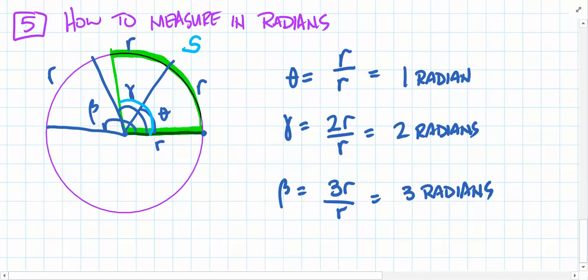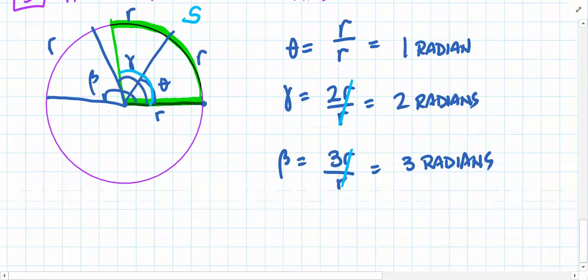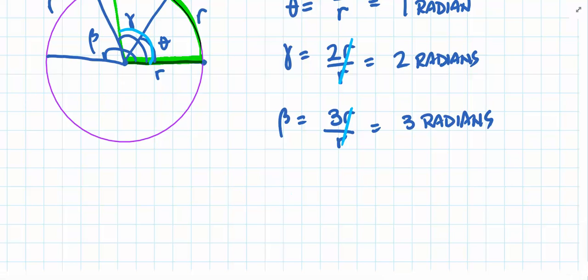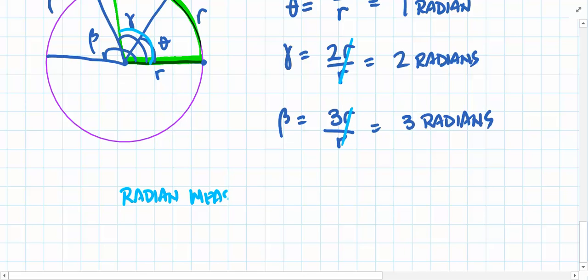So in general, if I want to say a radian measure is equal to the length of my arc, so arc length, all divided by the radius.